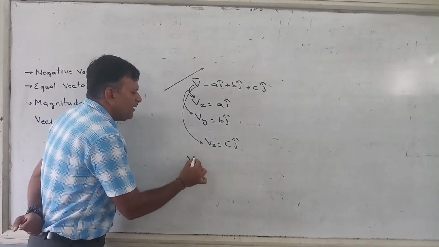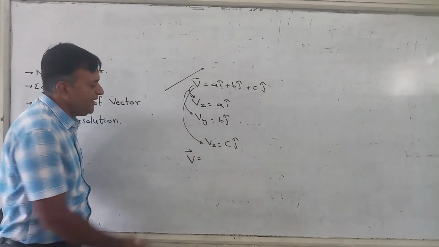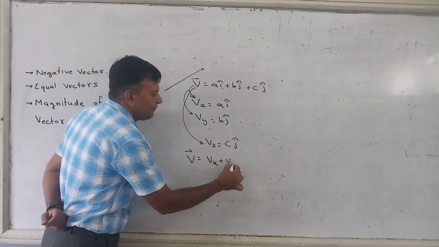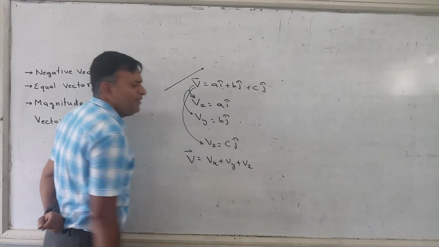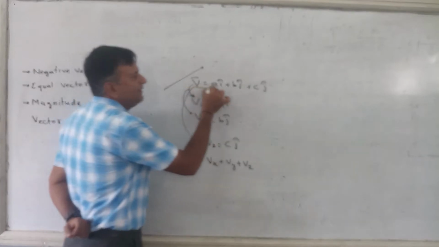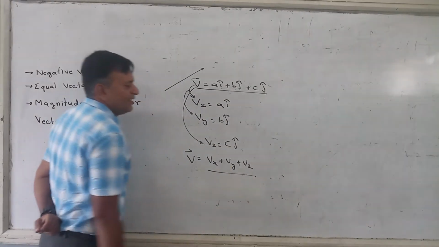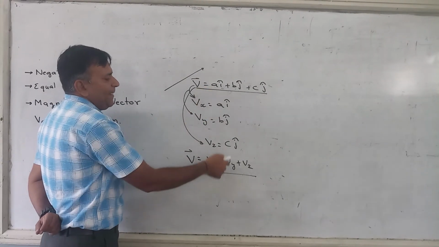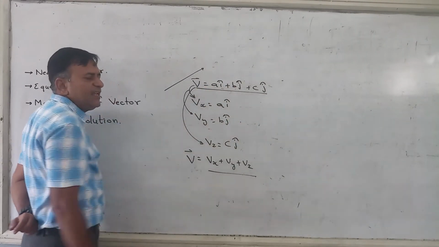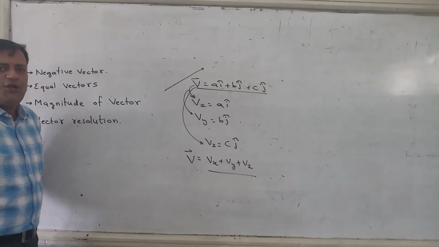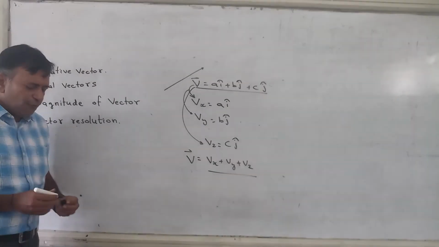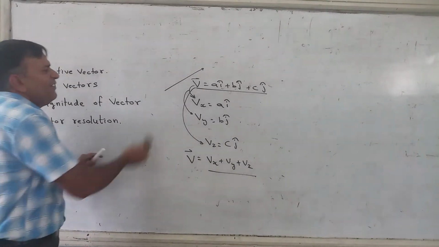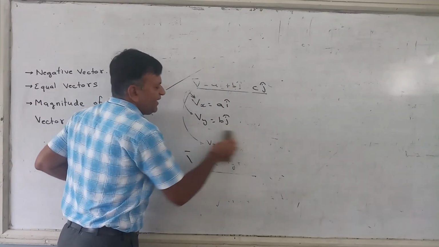So when you completely want to describe vector V, it can also be written as Vx, Vy, Vz. Just see, this and this are the same, because if you put the value of Vx, it becomes ai cap, Vy becomes bj cap, and so on. So it is first important to learn what is the meaning of resolution. Resolution means to divide a vector into different directions.